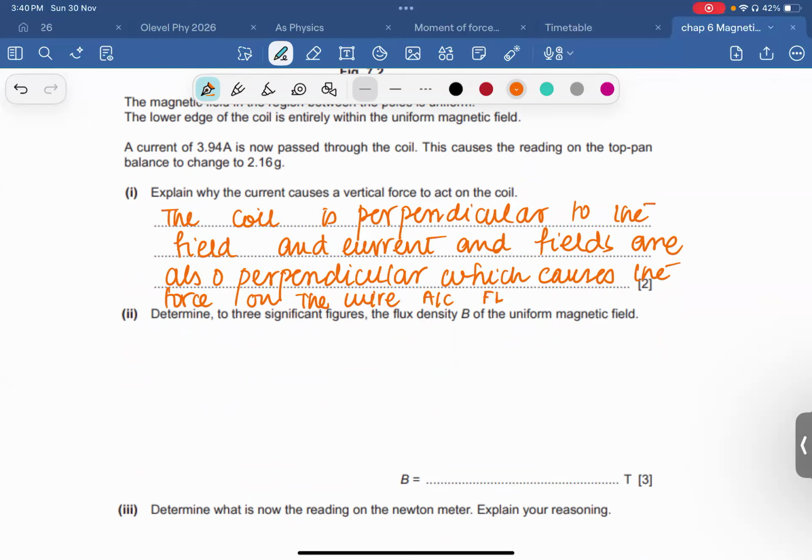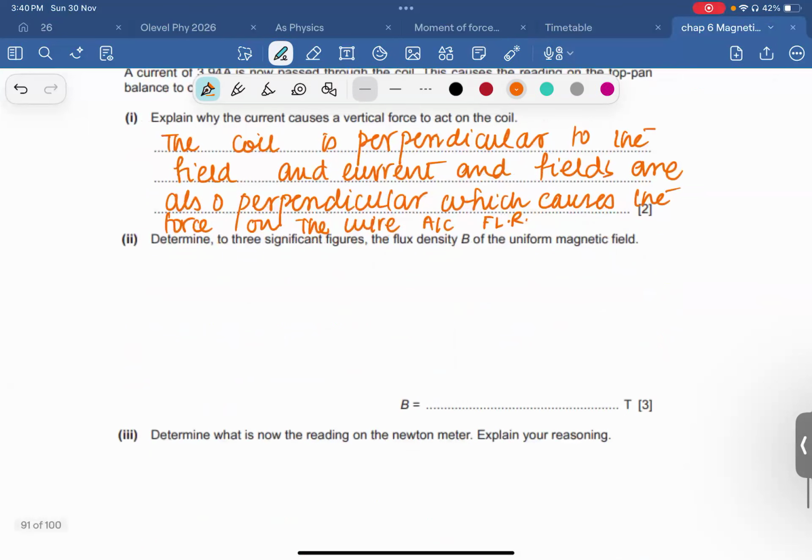Fleming's left hand rule. Okay, please move on.